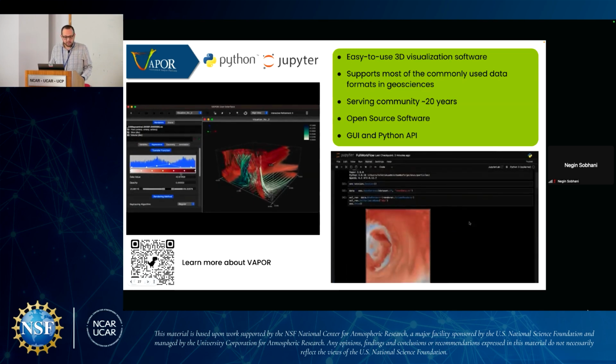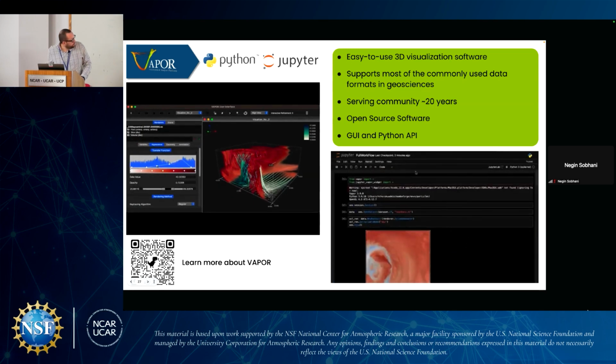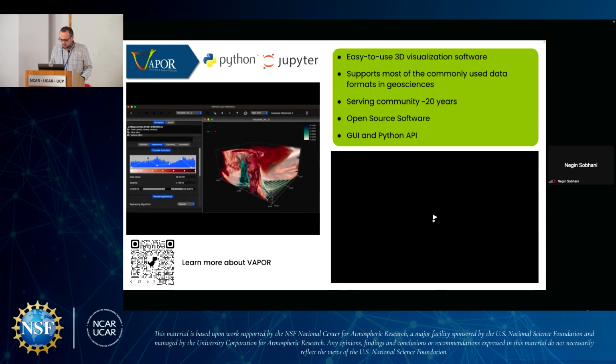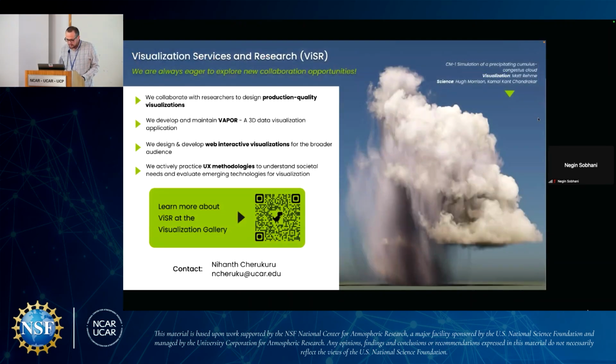Vapor is open source. This QR code should bring you to more information about Vapor, and you can also contact Nihant. Also check out the Wiser website if you need any assistance with advanced data visualization.